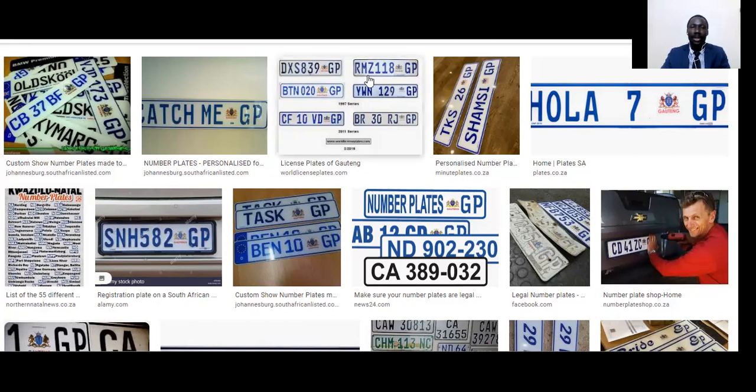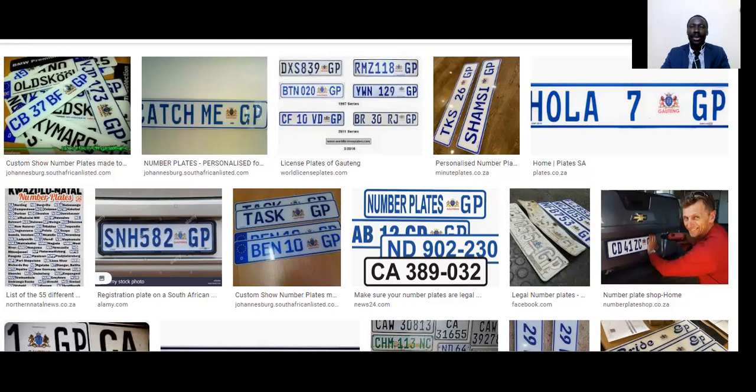For example, you find the number RMZ 118 GP, you see? This one is a combination of some natural numbers plus some letters, okay? So these ones are called number plates.